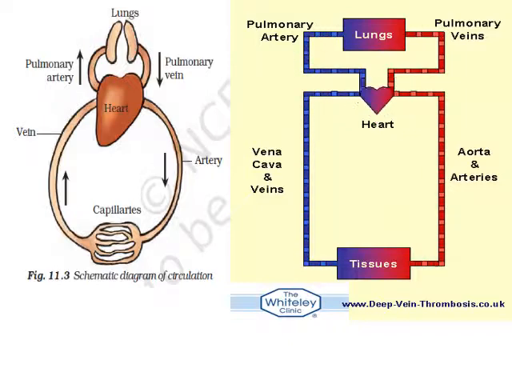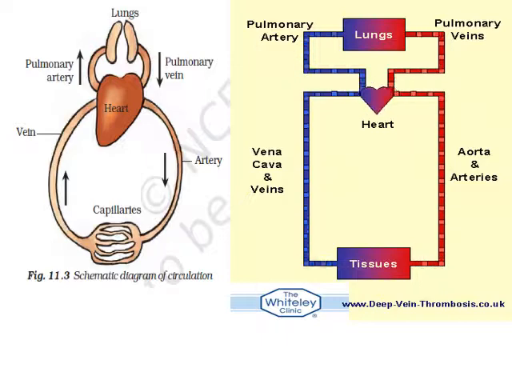Now this is a schematic diagram of circulation. You can see the vena cava, which is the combination of the veins, carries the deoxygenated or carbon dioxide-rich blood from different cells or tissues of the body to the heart, and from the heart through the pulmonary artery it reaches the lungs.